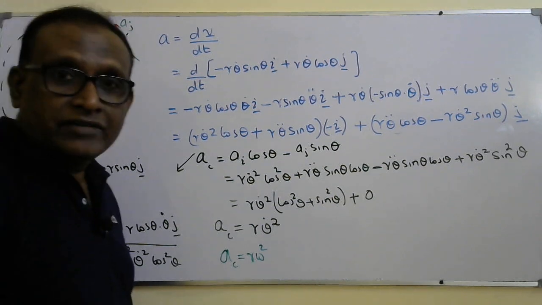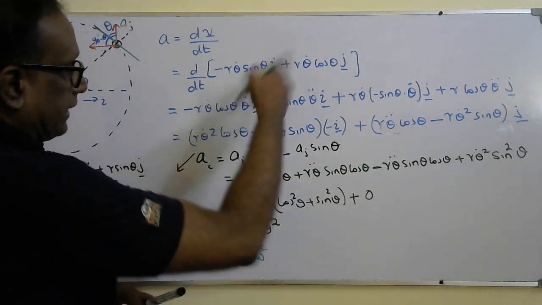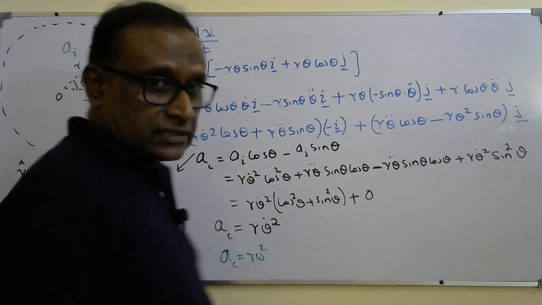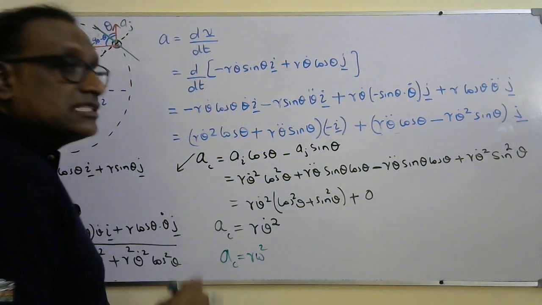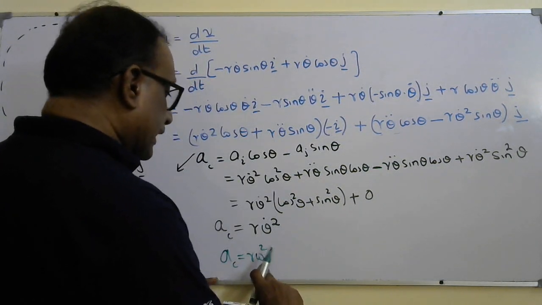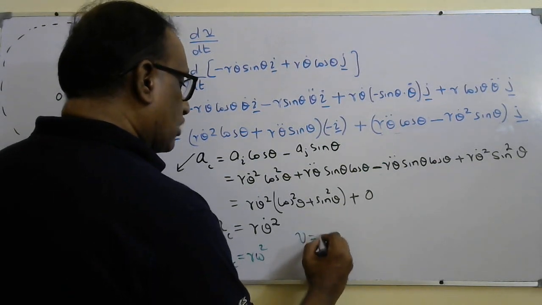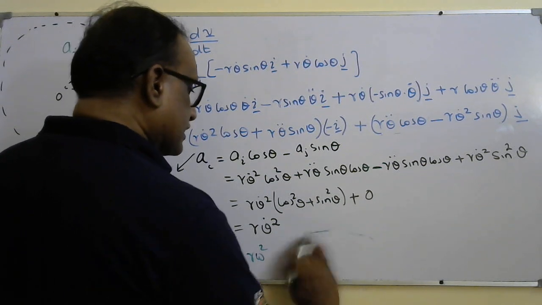But we already derived this: v equals r omega. I derived it earlier, at the start of this derivation. I showed that v equals r omega is the speed, the velocity along the tangent. So instead of omega, I can put v over r. Instead of omega squared, I can put v squared over r squared.